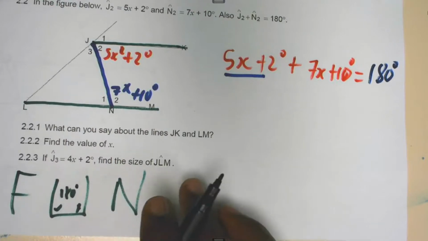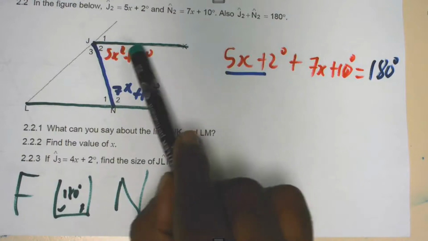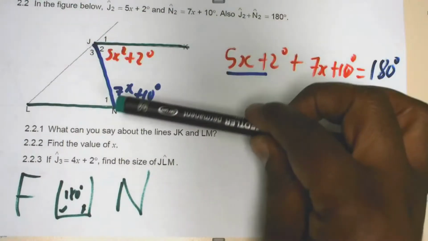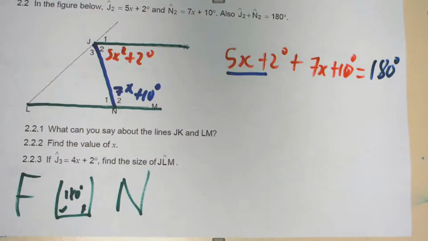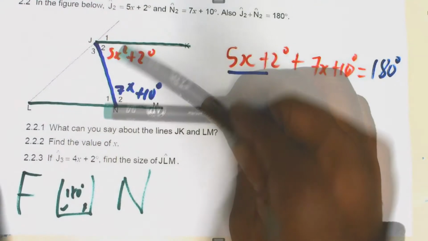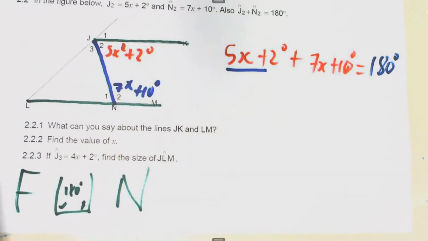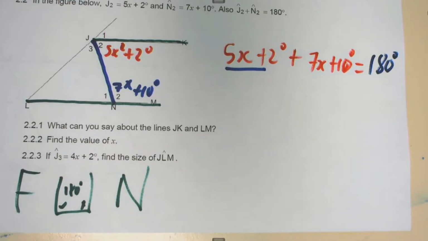If they are equal to 180, if these co-interior angles, this angle and this one, are within the parallel lines, together inside, on the same side of the transversal, between the parallel lines on the same side, co-interior. If they are equal to 180, therefore the lines are parallel.